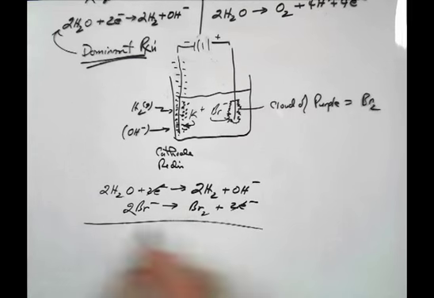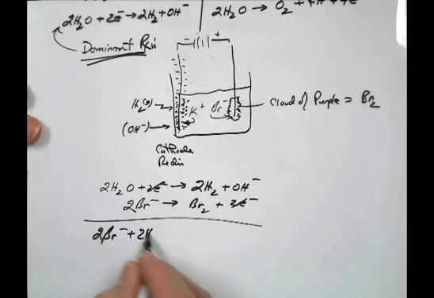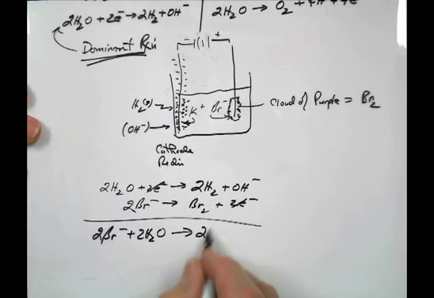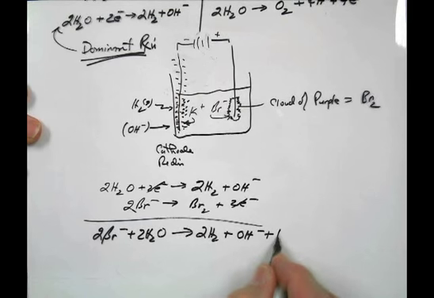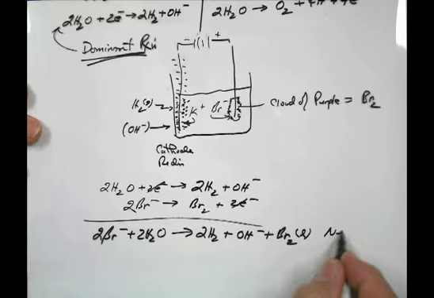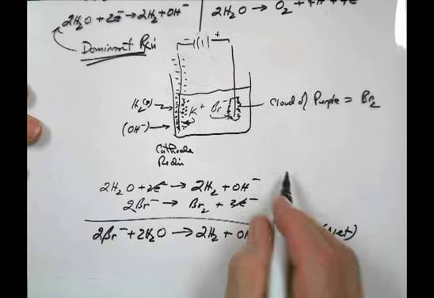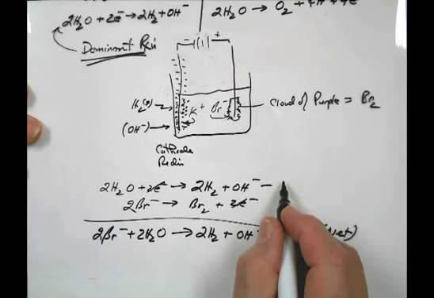And the electrons drop out, and 2Br minus plus 2H2O go to H2 plus 2OH minus plus Br2 in liquid. So this is your net cell reaction. This is your cathode dominant reaction.